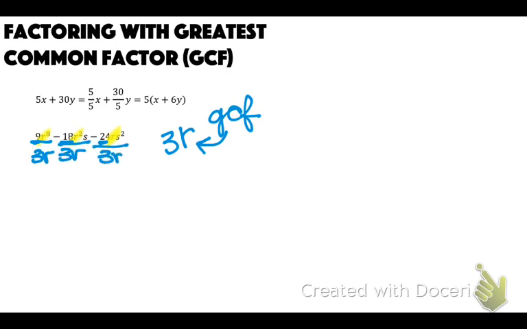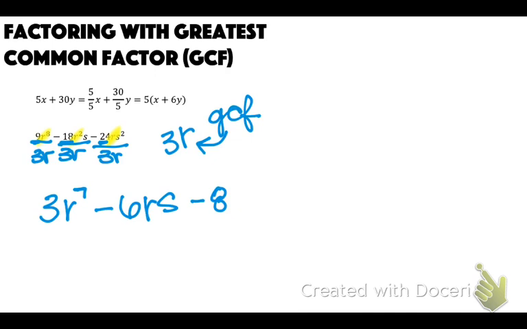9r to the 8th divided by 3r. Well, 9 divided by 3 is 3. R to the 8th divided by r is r to the 7th. 18 divided by 3 is 6, and it's going to be a negative 6 because that's a negative. R squared divided by r is r, and then s just stays because it's not being divided by an s, so it doesn't change. And then negative 24 divided by 3 is negative 8.